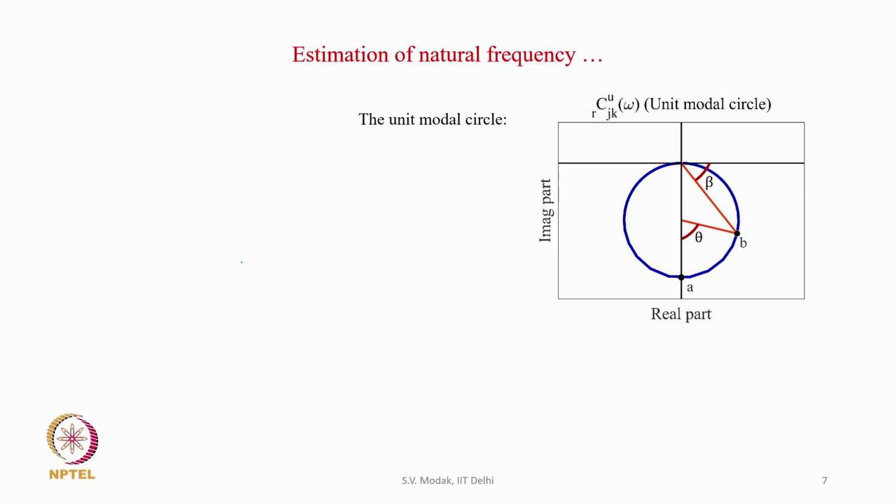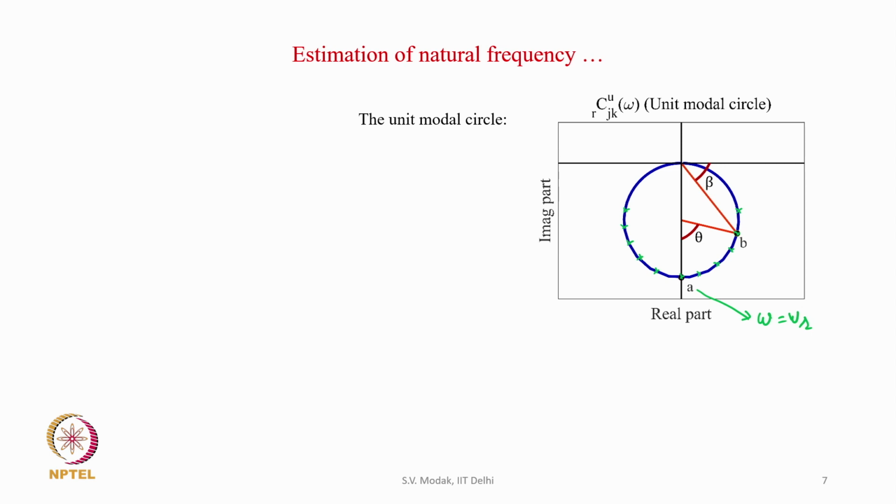Here, point A corresponds to frequency omega equal to omega r. We should note that different points on this circle represent different frequencies. These are all different frequency points on the circle, and point A corresponds to the frequency where omega is equal to omega r, because we can see from the expression for RCUJK that the real part of RCUJK is 0 at omega equal to omega r.